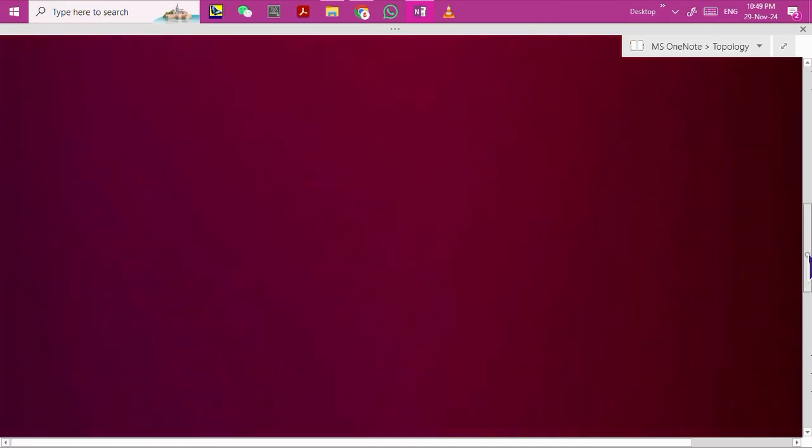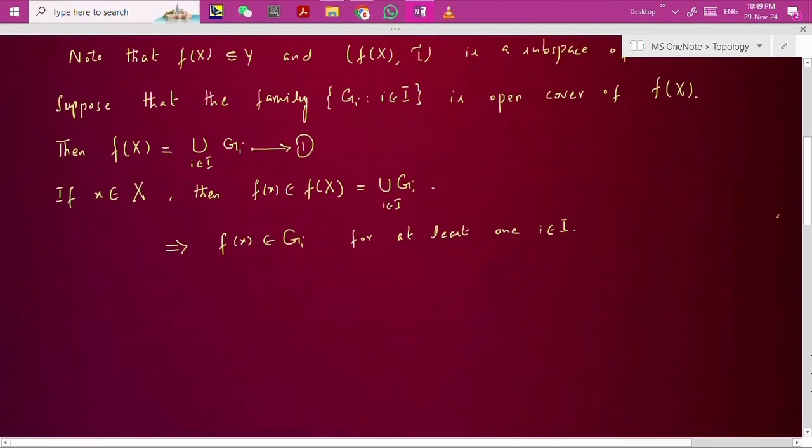Actually what we are going to do, we are going to find an open cover for X, and then we apply the assumption that X is compact, then we will have a finite subcover, and then ultimately we will prove the theorem by using all these conclusions. So this f(x) belongs to G_i for at least one i belongs to I, because f(x) belongs to the union of G_i, so f(x) must belong to at least one G_i.